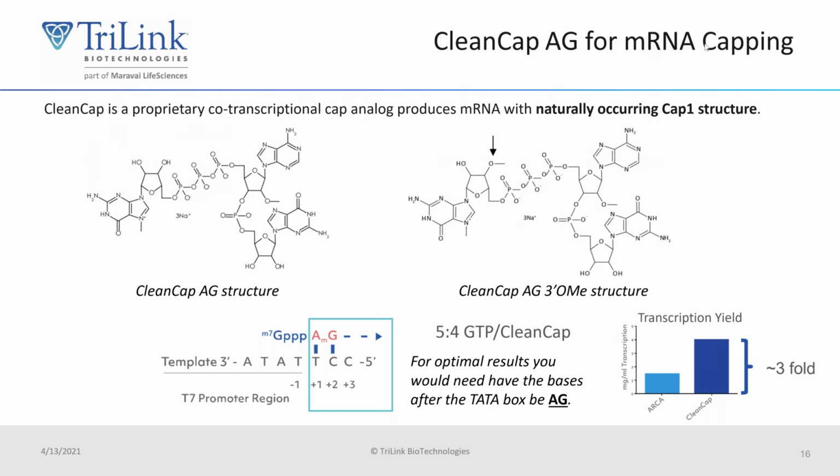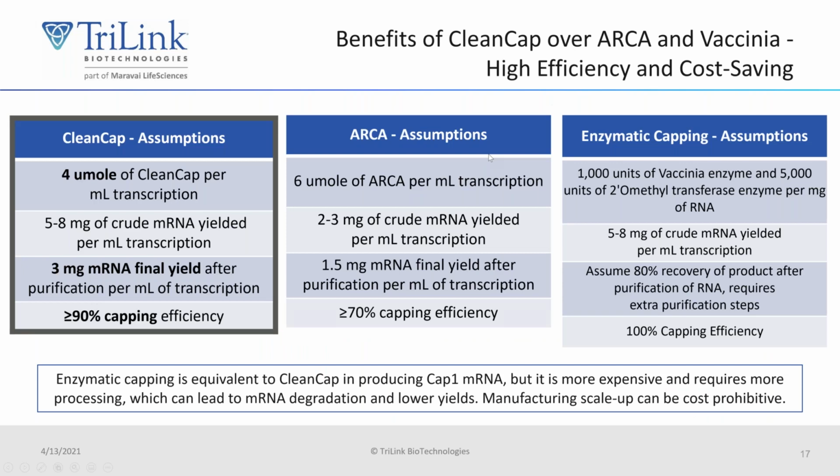Okay, thank you, Scott. So the next question here, how does CleanCap affect mRNA yield? Yeah, so CleanCap is very beneficial to mRNA yield. Shown here, we can see that CleanCap typically yields around 5 to 8 milligrams of crude messenger RNA per mL of transcription. It's very similar to enzymatic capping strategies, but much greater actually than capping with previous generation cap analogs.